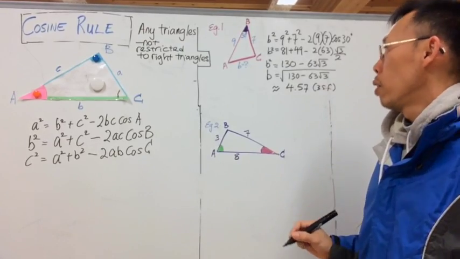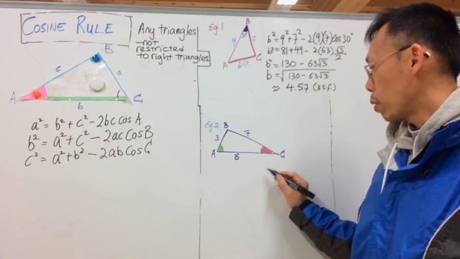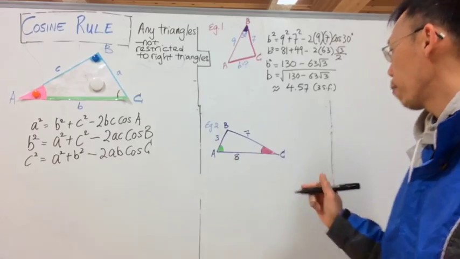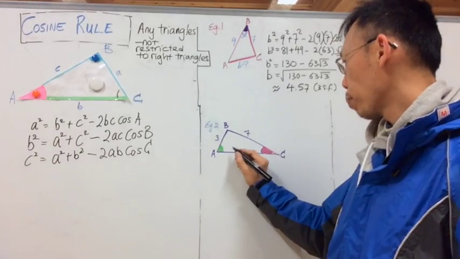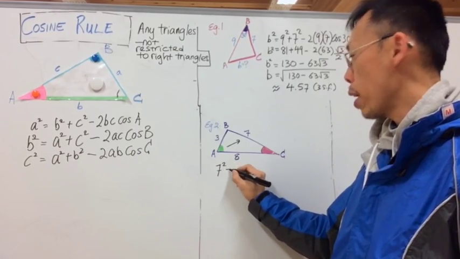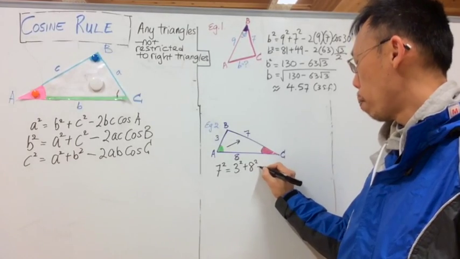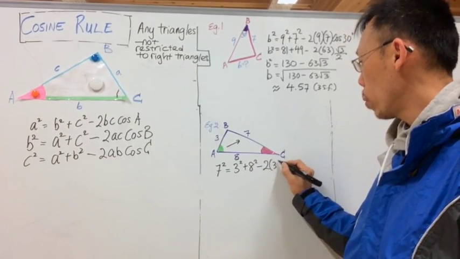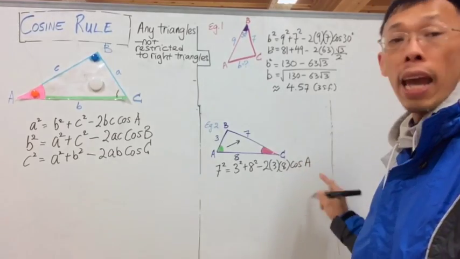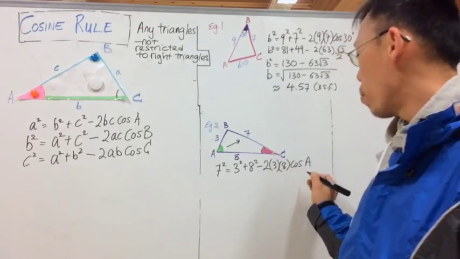Okay. Now we try to do this example 2. We want to figure out the angle A and angle C. We can start with angle A first. Angle A means the one that is opposite it is 7. So 7 square is equal to 3 square plus 8 square minus 2 times 3 times 8 cosine A. Cosine A is unknown, so I can rearrange this.